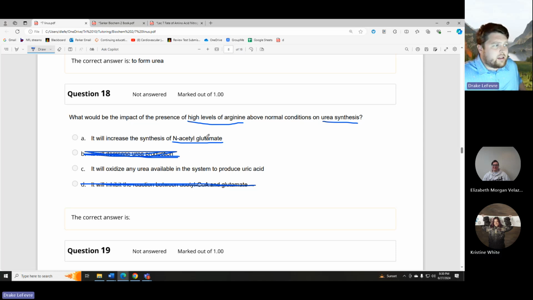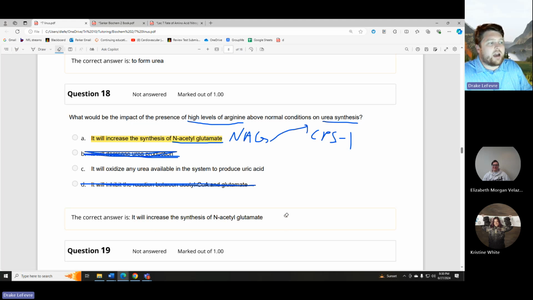Yeah, the N-acetyl glutamate is the NAG. And that NAG is going to go into the mitochondria and activate our CPS1. This one is going to be our answer. So it's going to increase the synthesis of N-acetyl glutamate, which is going to drive the reaction of the urea cycle forward and making it happen.